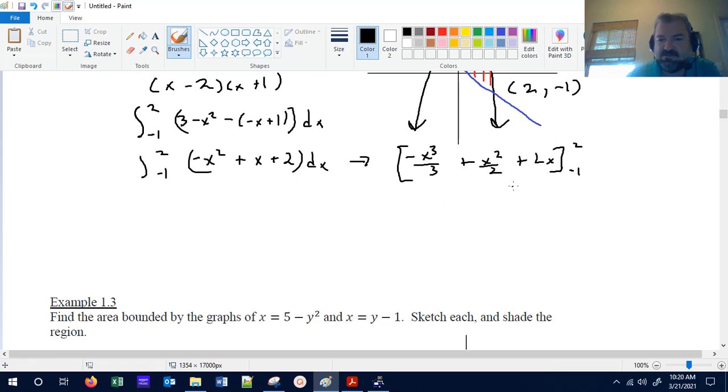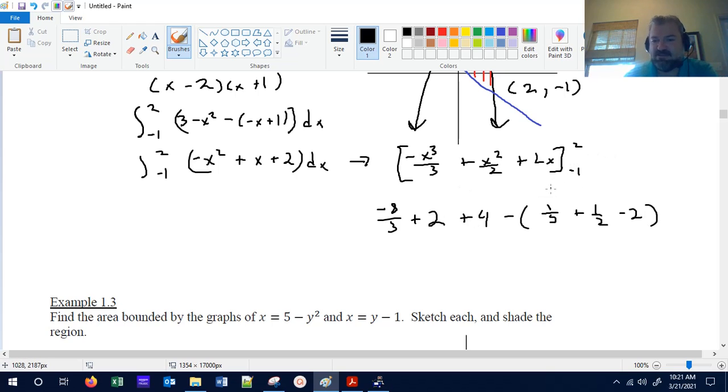Scroll down here. All right, so this is -8/3 plus 4 over 2 is 2 plus 4 minus, that's going to be a positive 1/3 plus 1/2 minus 2. And again, I'll let you simplify that. Hopefully that's something that you don't find too difficult to do if you absolutely need to.